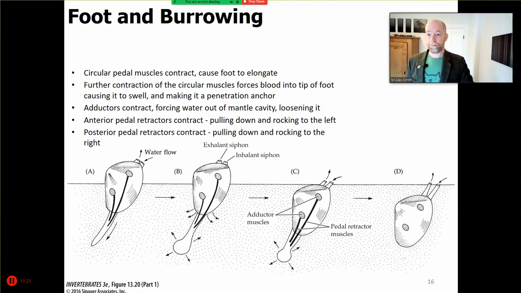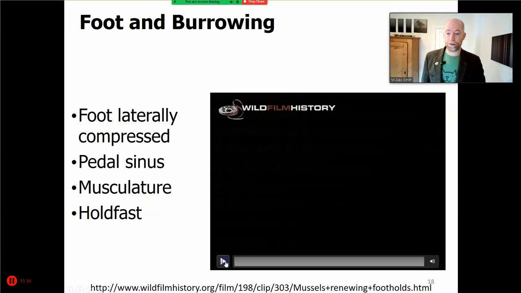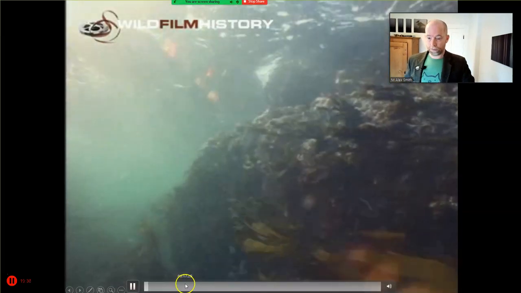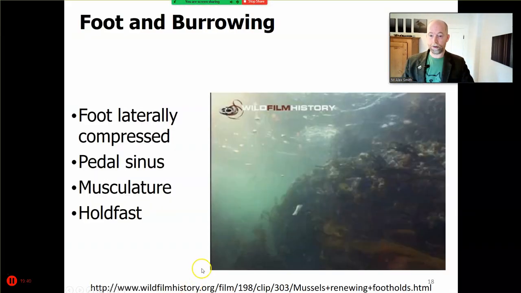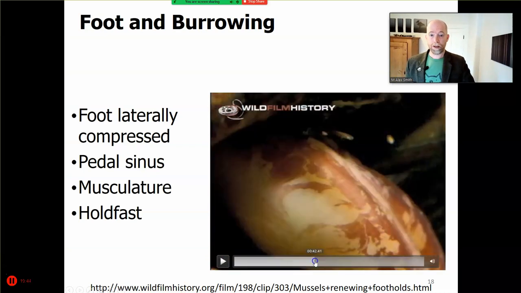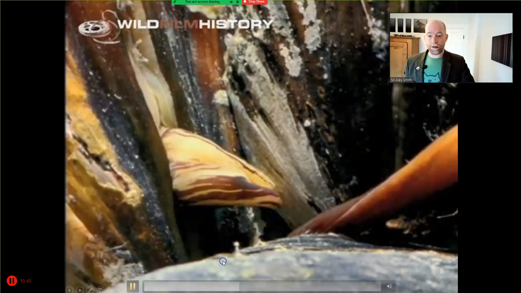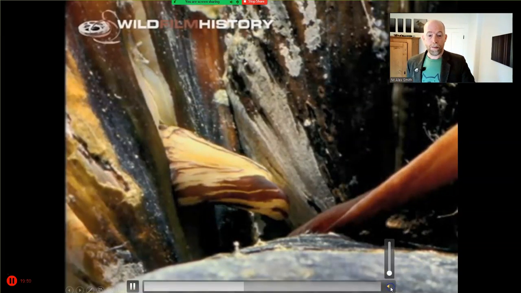Now that foot we talk about as a pedal sinus, but there is a small coelomic extension in there. The other thing that the foot is doing is laying down byssal threads.